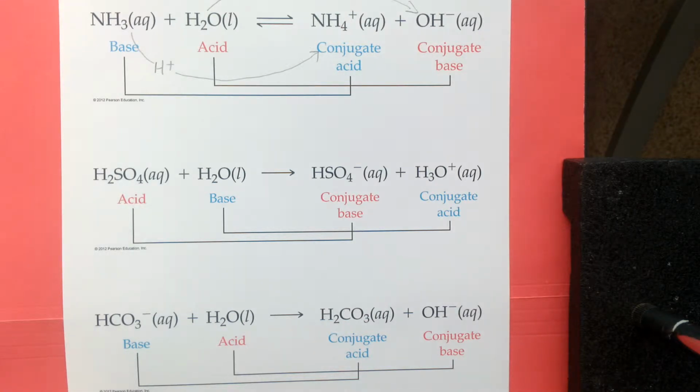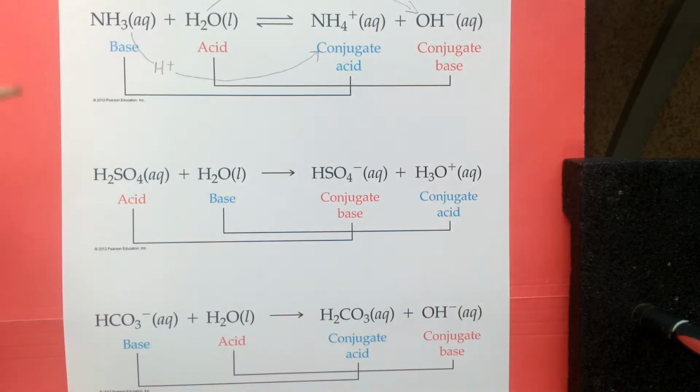Because in these reactions, when you react a weak acid and a weak base, the reaction is reversible. It doesn't go to completion. Not all of the protons are donated, so therefore they're not all received, and the reaction is reversible.